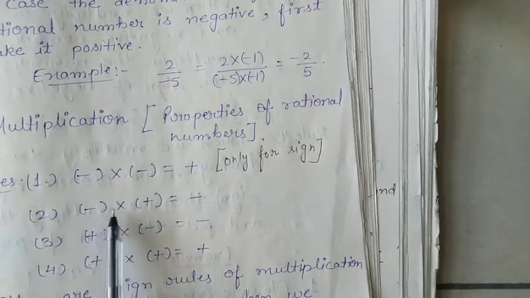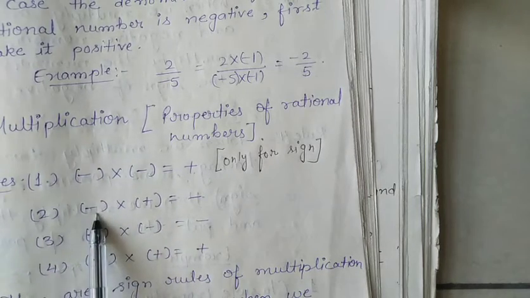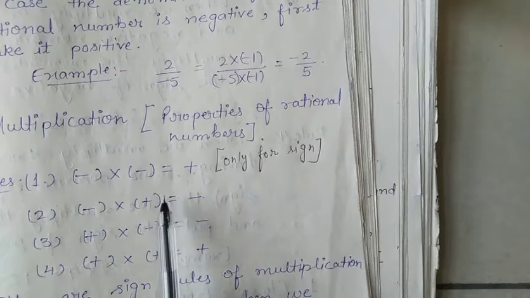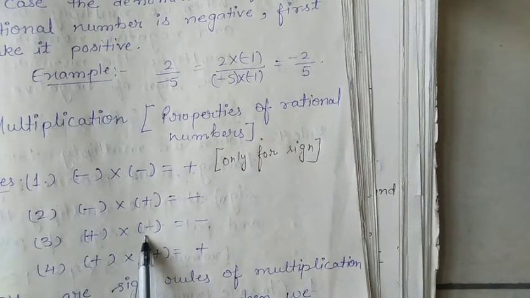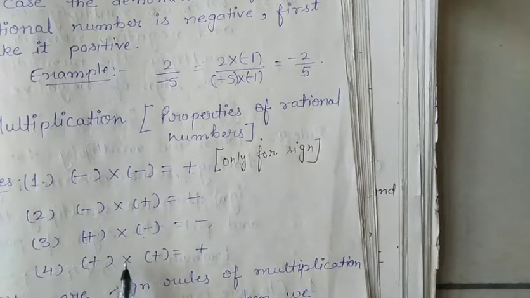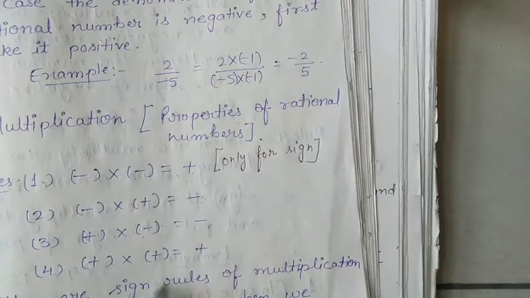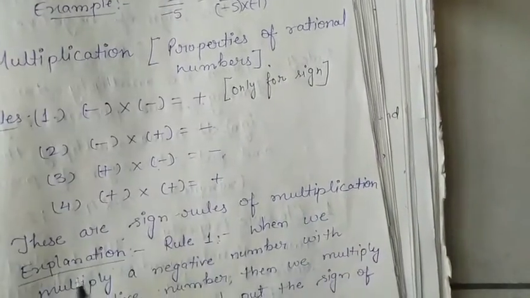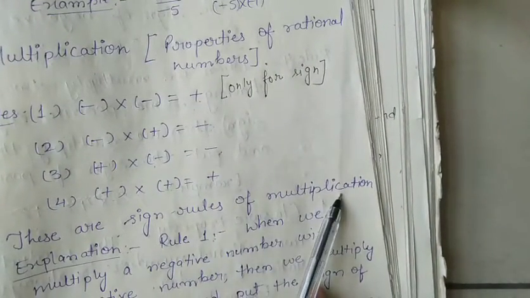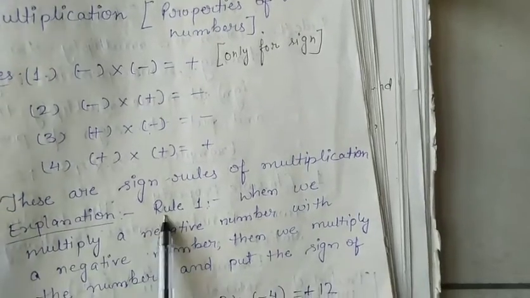Then the second rule, minus into plus, when we multiply a negative and a positive number, the answer should be negative. Plus into minus, that is negative sign, and plus into plus, that is positive sign. These are the sign rules of multiplication. Explanation. Rule first.